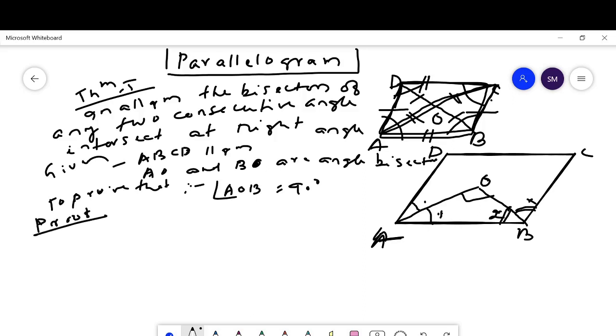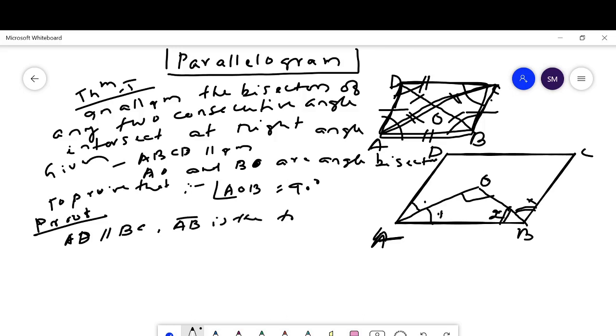Proof. As we know, ABCD is a parallelogram, then AD is parallel to BC, and AB is the transversal.